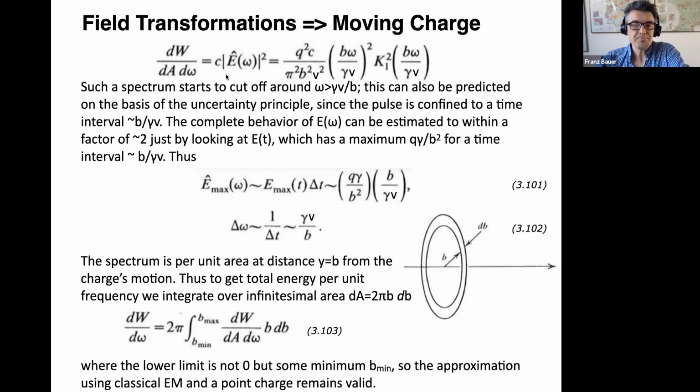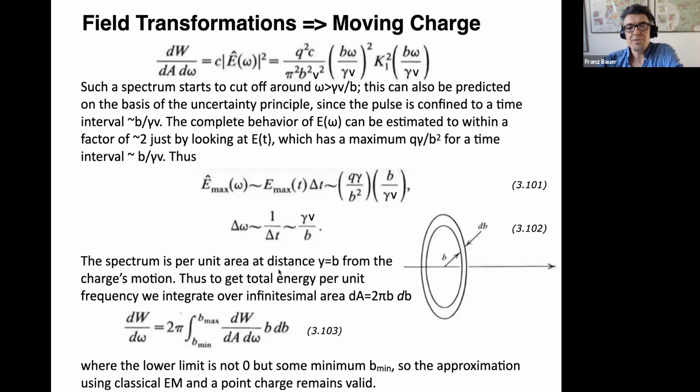So we now want to play the game where we integrate over some cylinder with some impact parameter b, some dB, and we find out what the total spectrum is.